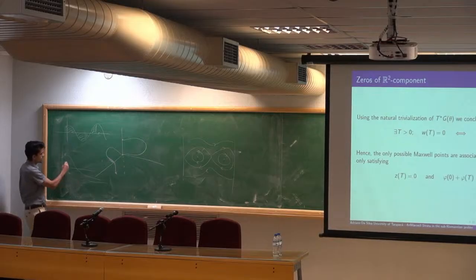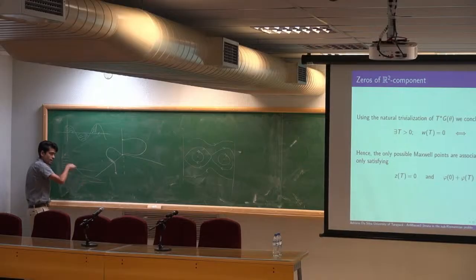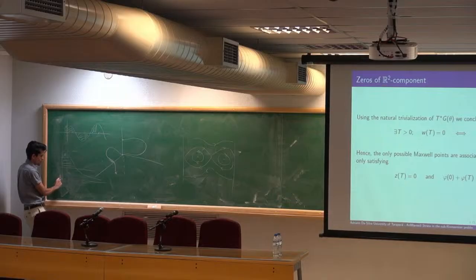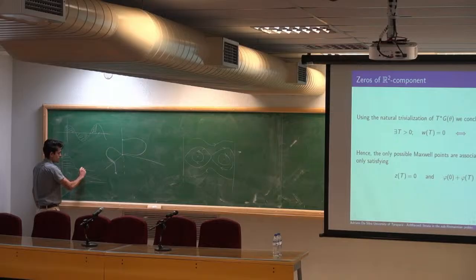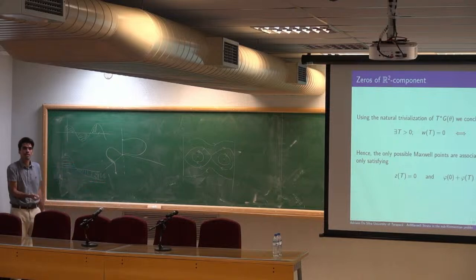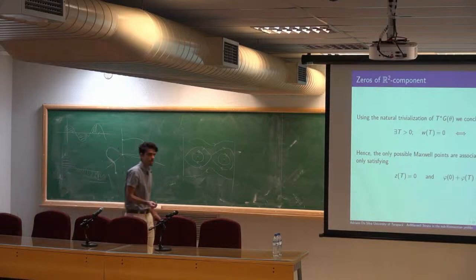In this case, if you started here and phi asymptotically approaches, in this case, -1 as t goes to infinity, you have 1 zero here somewhere, and after that you cannot change the sign of your component C. So you have just 1 zero.